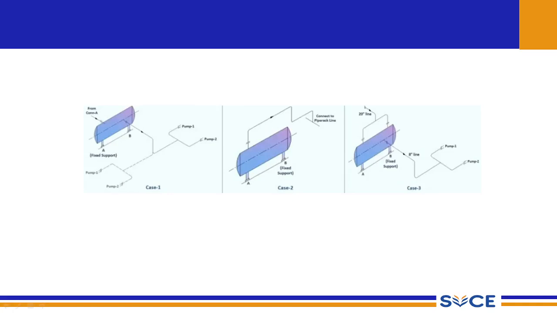So here also we have to look at the load induced by the 20-inch line, and near to this 8-inch line we need to install the fixed support to support this horizontal vessel. So these are three different cases where the supports are located: in the case of storage drums, which may connect to a pipe rack line or to pumps, and for different line sizes.